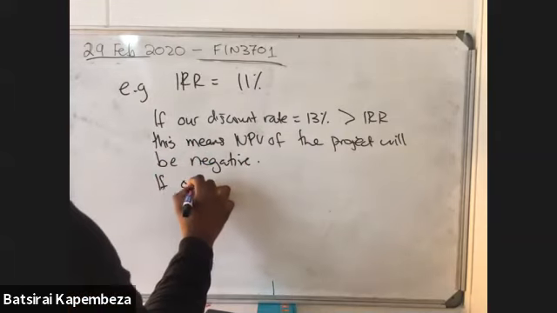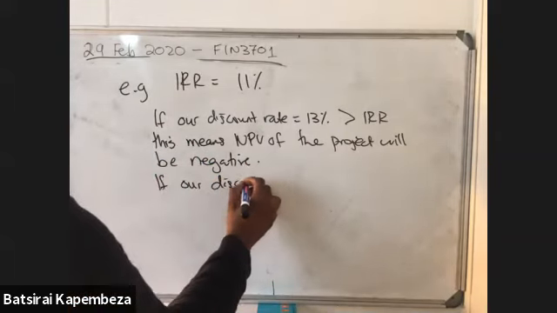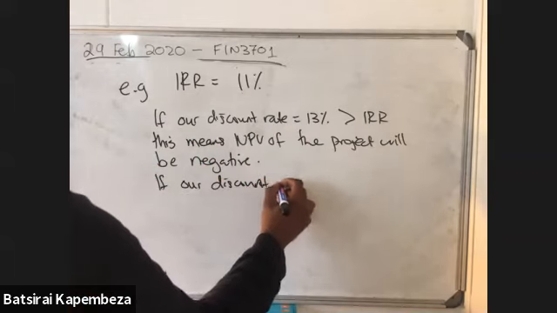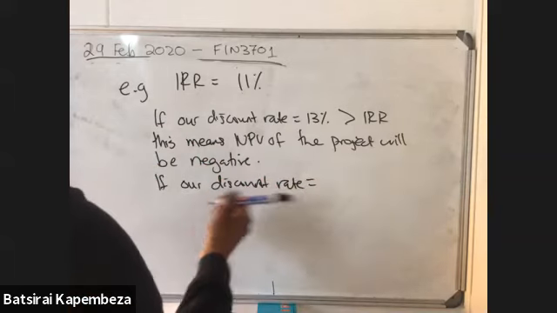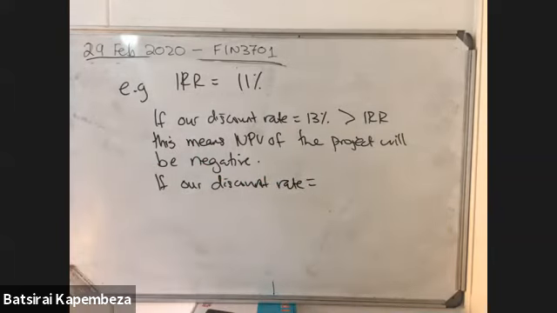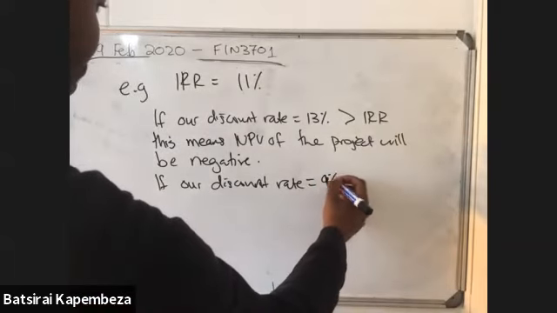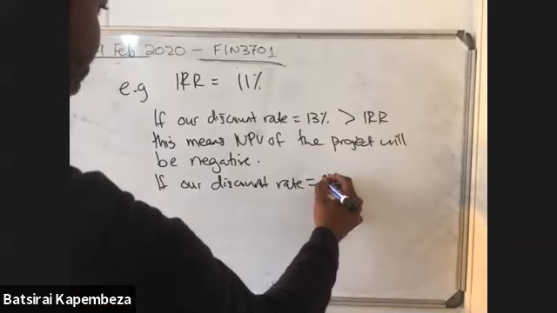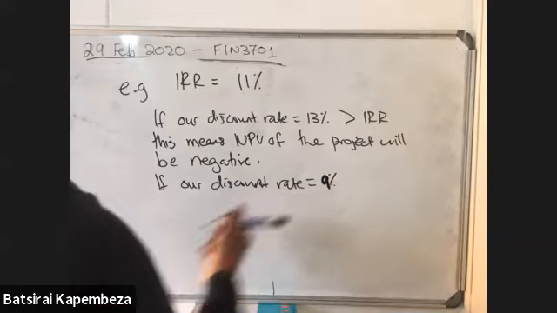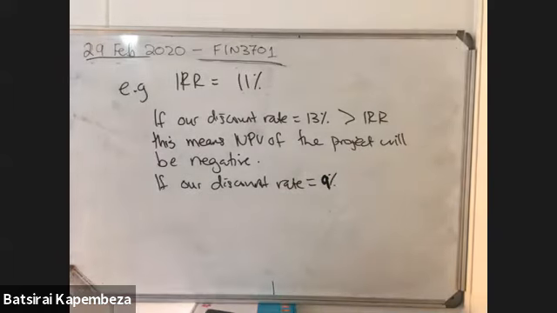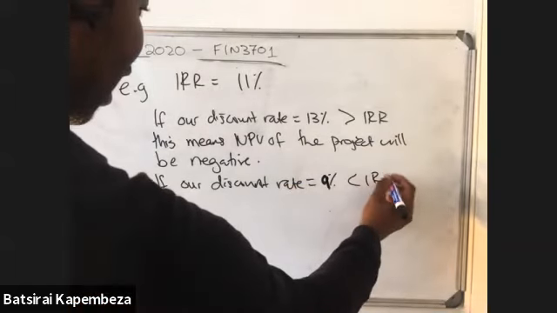Alternatively, let's assume that the discount rate, the cost that they are charged to borrow money, the cost of capital, they calculate it to be 9%. People will lend the money, say we'll charge you 9%. Then this is less than the IRR.